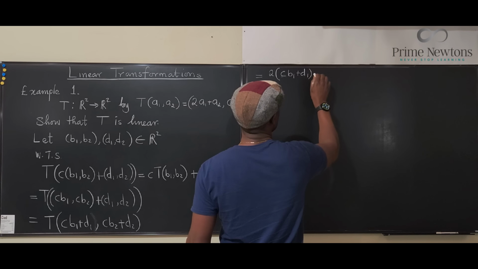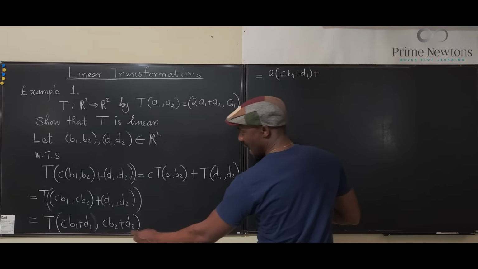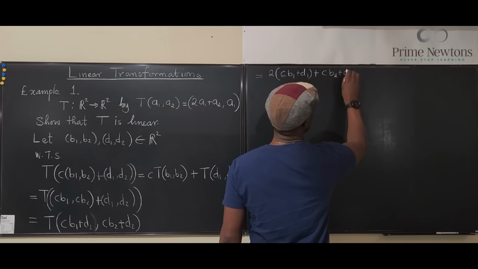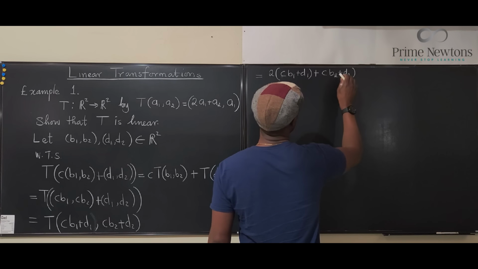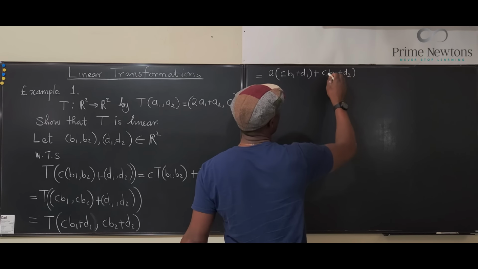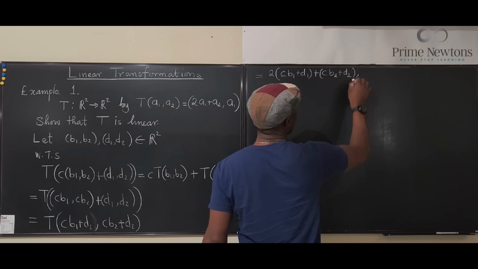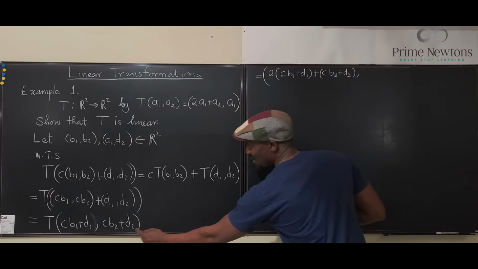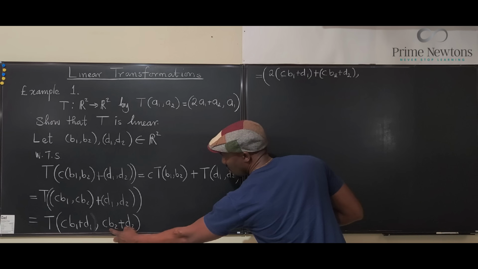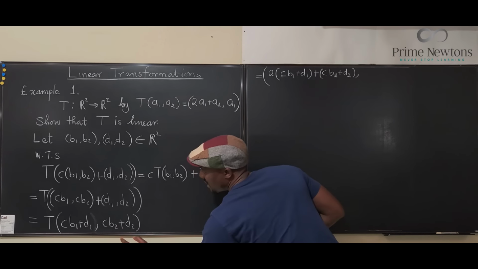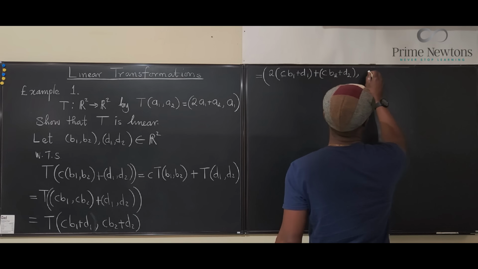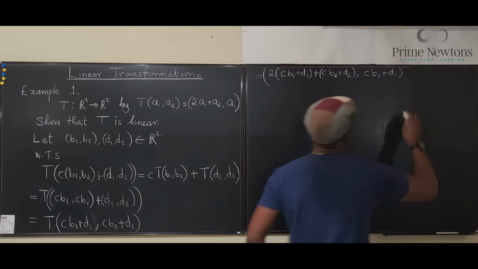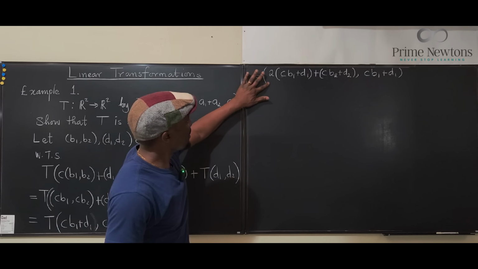Okay, we're multiplying this, then we're adding CB2 plus D2. That's one part of our giant point vector. And then the next one replaces the right-hand side, so it's going to be CB1 plus D1. There you go. So this completes the transformation.